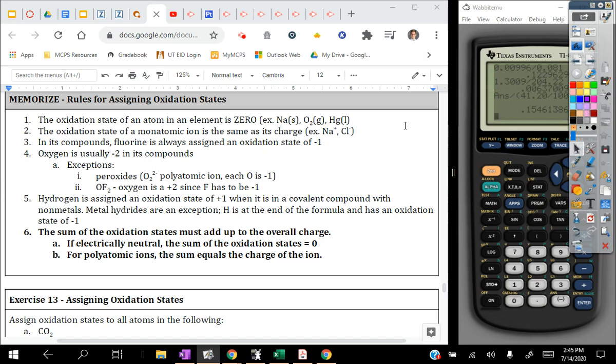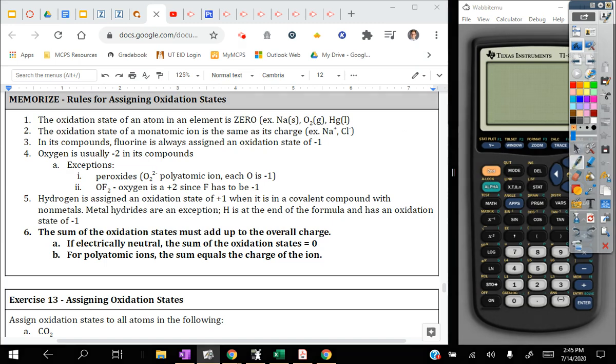The hydrogen is assigned an oxidation state of +1 when it is in a covalent compound with nonmetals. There is an exception. Metal hydrides, for instance, have an oxidation state of -1, and this is because H is at the end of the formula, and the metals usually have a set oxidation state per Rule 2 when we said that the monatomic ion is the same as its charge.